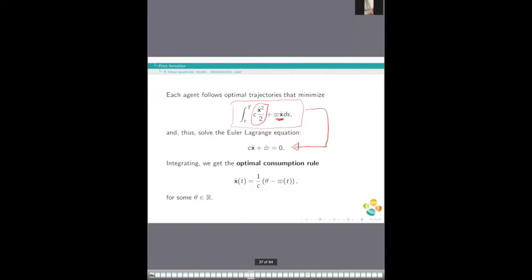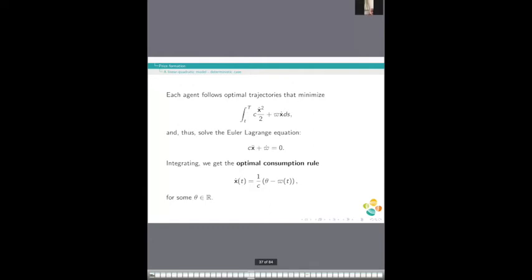Now, this Euler-Lagrange equation is a derivative, so you can integrate it, and you get this thing that I pompously called the optimal consumption rule. But it's just a reflection that if the price is high, you buy less. This corresponds to our intuition, and it's good that the model is giving something that corresponds to our intuition.